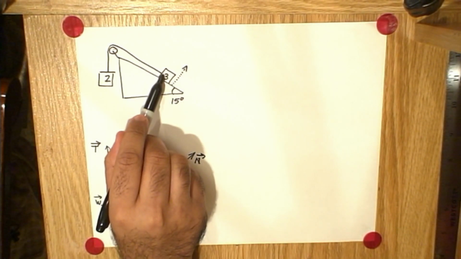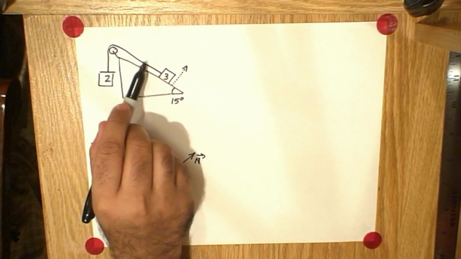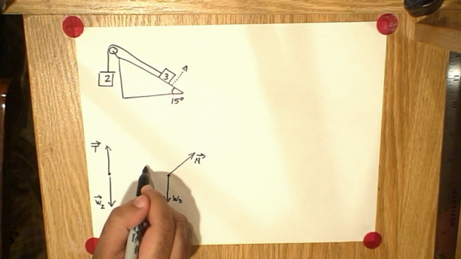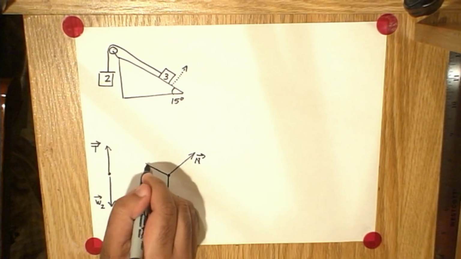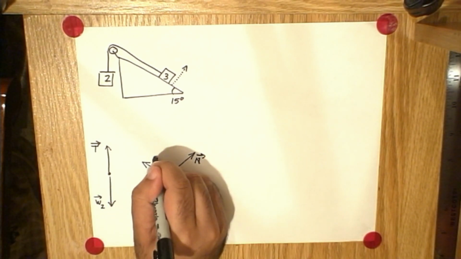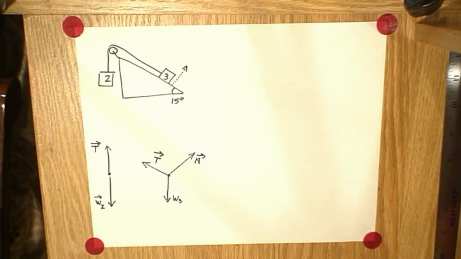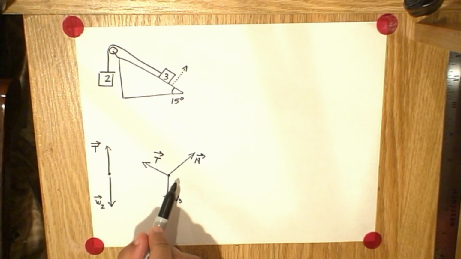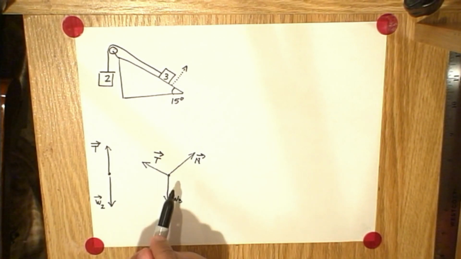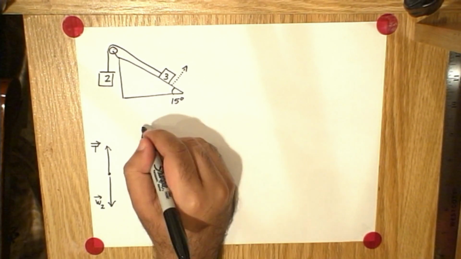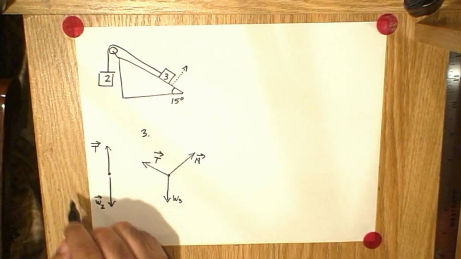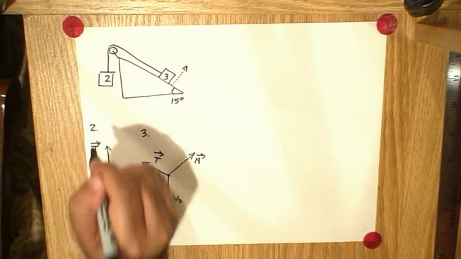And the tension force is going to point up the ramp. So we now have the free body diagrams for the 3 kilogram object and for the 2 kilogram object.